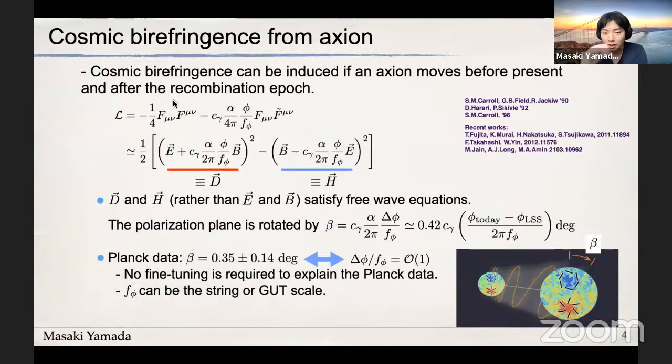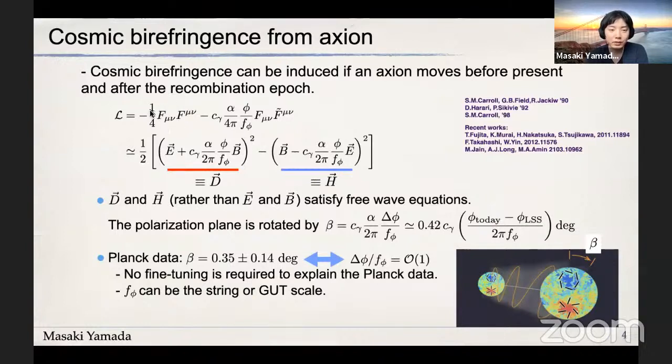The cosmic birefringence can be induced if an axion moves between the recombination epoch and the present. This can be understood by looking at the Lagrangian. This is the kinetic term for the photons, and this is the Chern-Simons coupling for the photon and the axion. And this F F tilde is something like E dot B, where E is the electric field and B is the magnetic field. And the first term is E squared minus B squared.